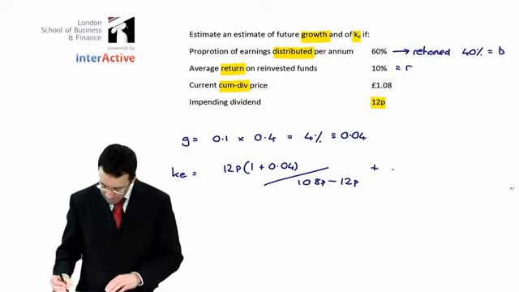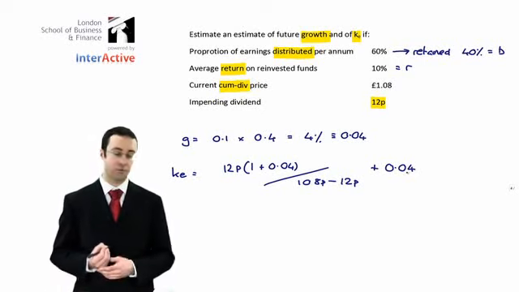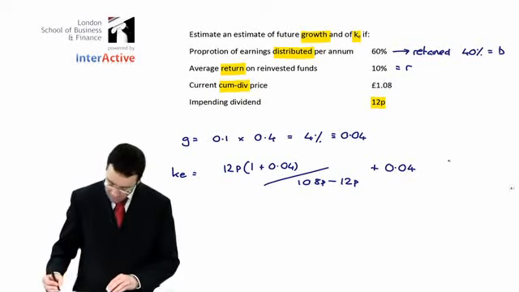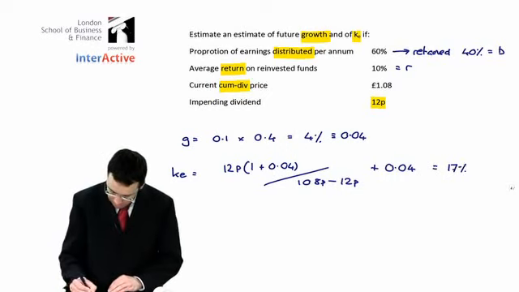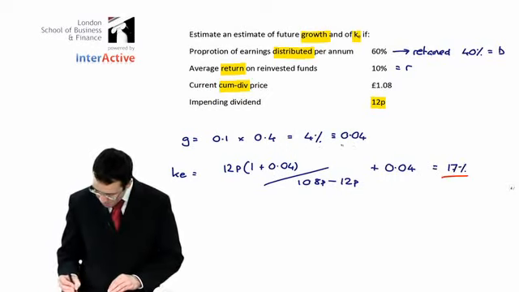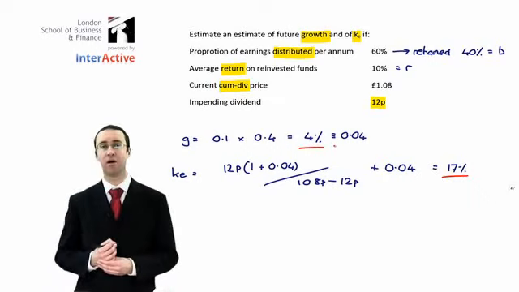Once you've tapped that into your calculator, you can then add on your growth rate of 4%. Tapping that in should work out at 17%, based upon our growth rate of 4%.